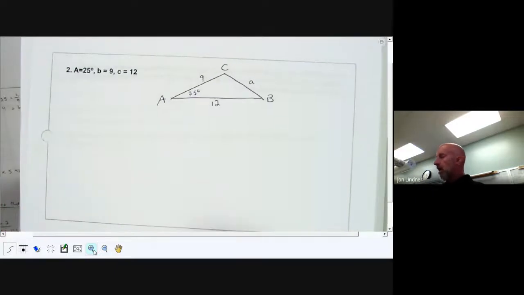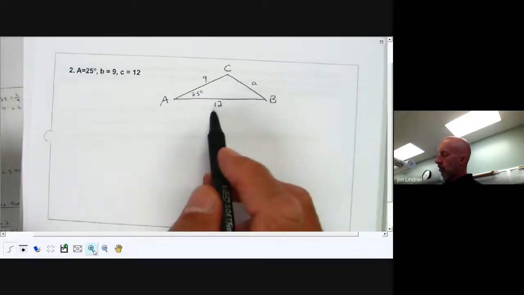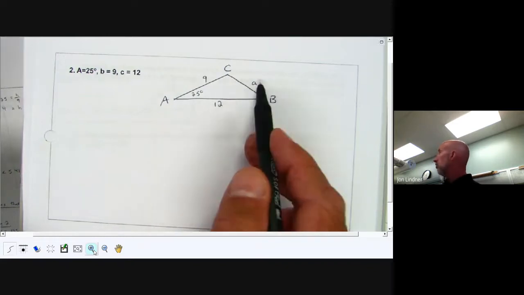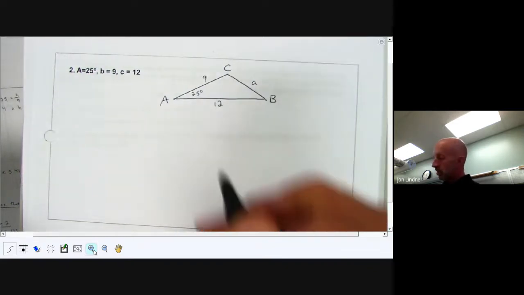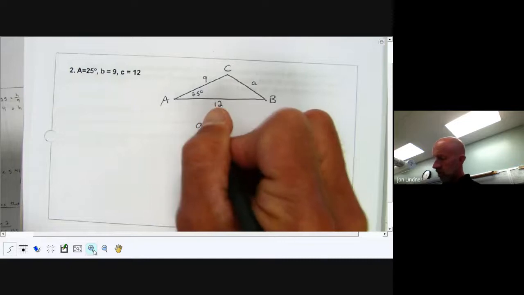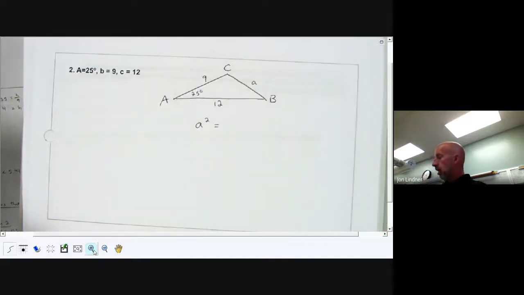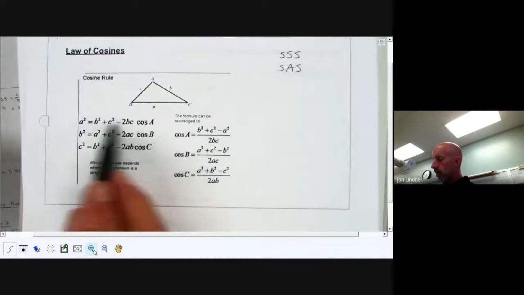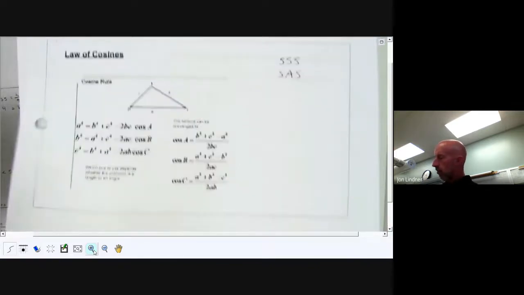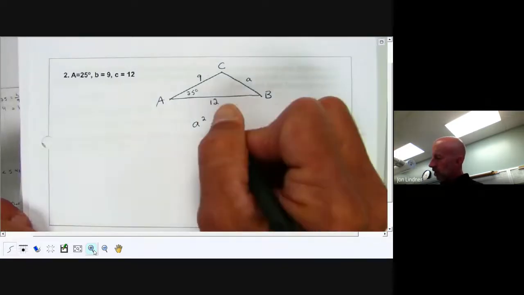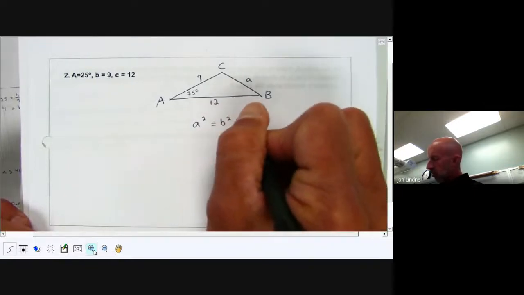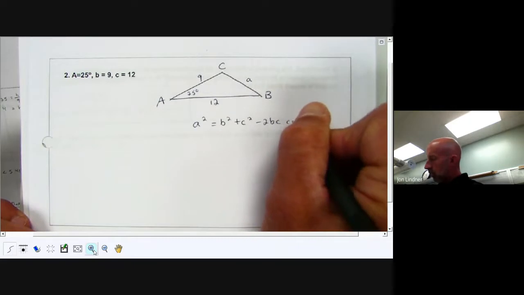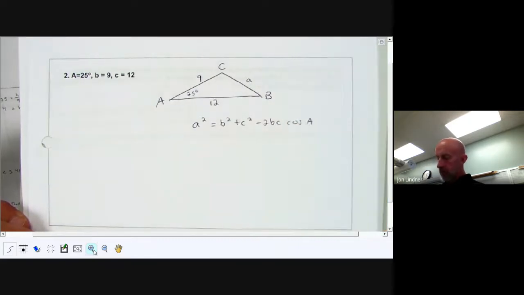So now I have side angle side, and we could find side A using the law of cosines, those formulas that I showed you. We're going to use this first one right here. A squared equals B squared plus C squared minus 2BC times the cosine of A. All right.